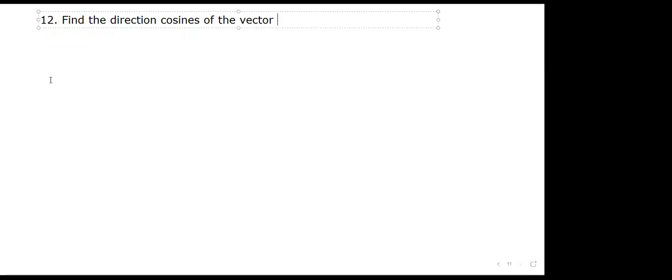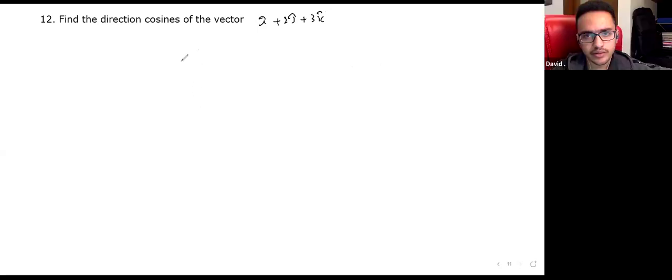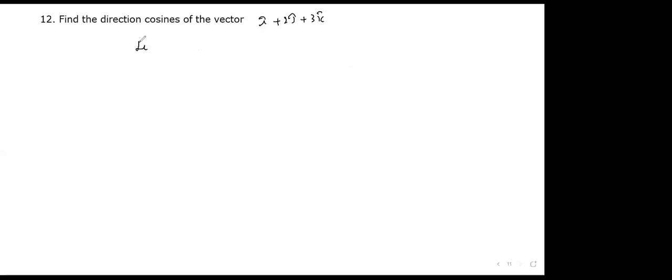And the direction cosines of the vector i cap plus 2j cap plus 3k cap. Direction cosine is the cosine of the angle made by a vector with the positive x-axis, y-axis, and z-axis. So let vector A be i cap plus 2j cap plus 3k cap.